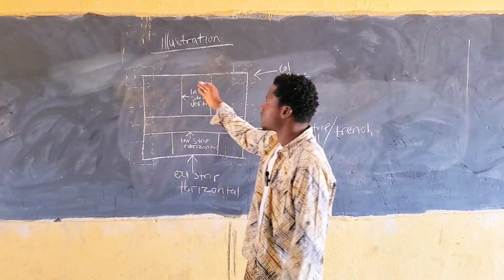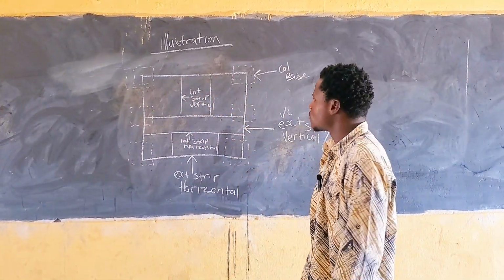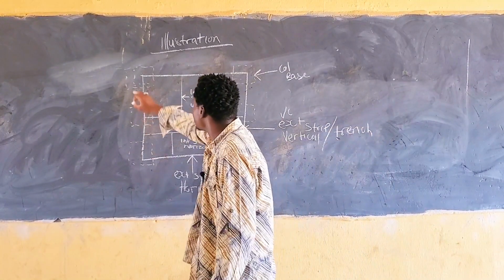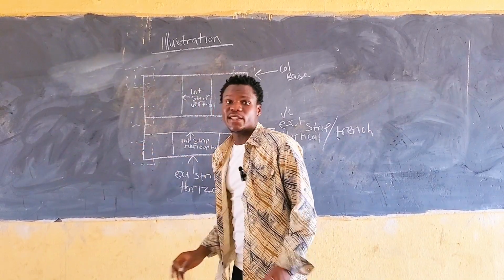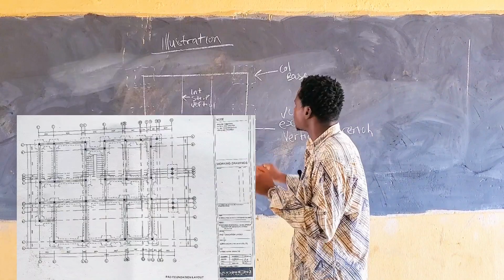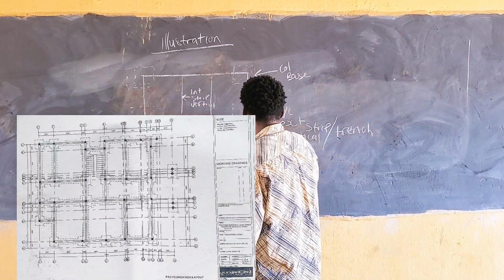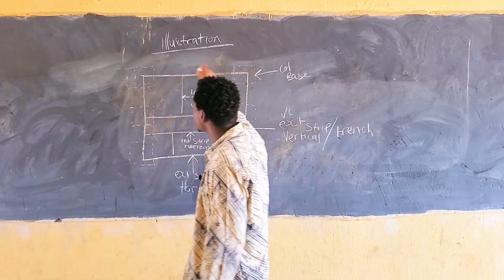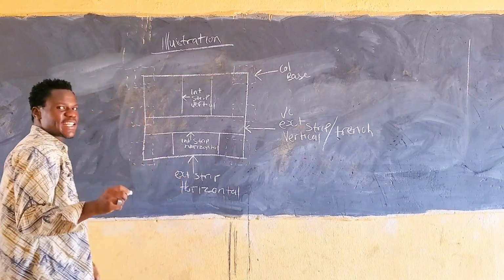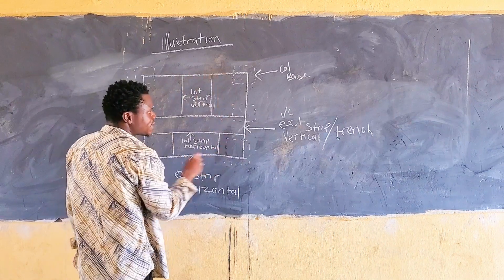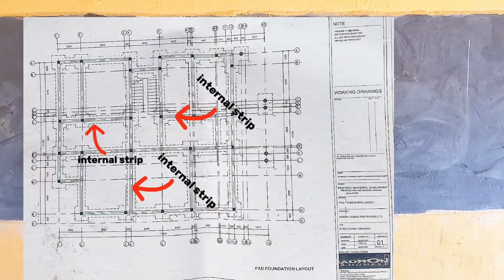So this right here is an illustration of what I just explained. So assuming this box is a building plan, these are the external strips. The enclosing strips are the external strips, while the strips within the enclosing strips are the internal strips.